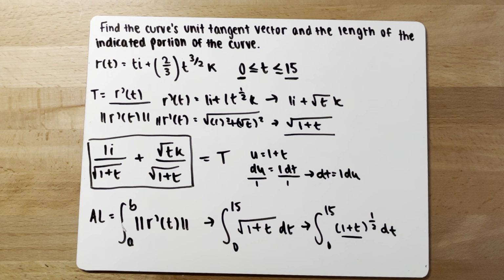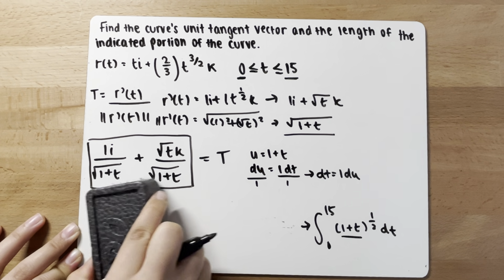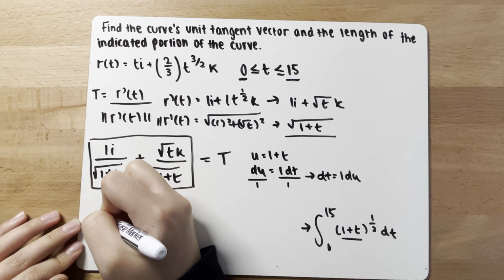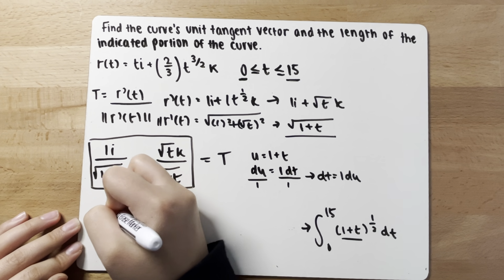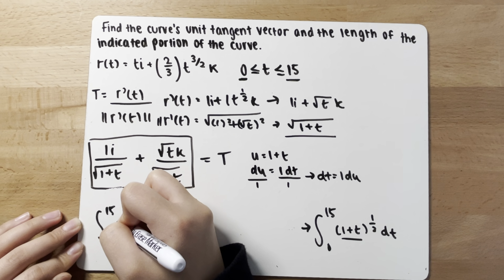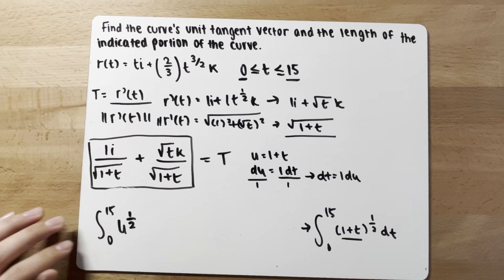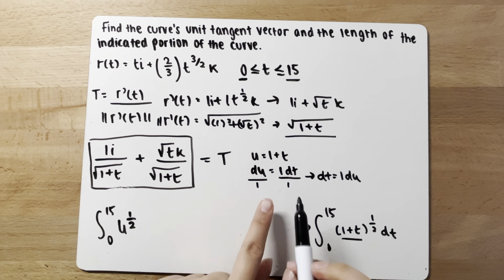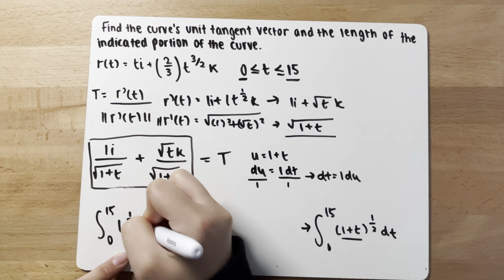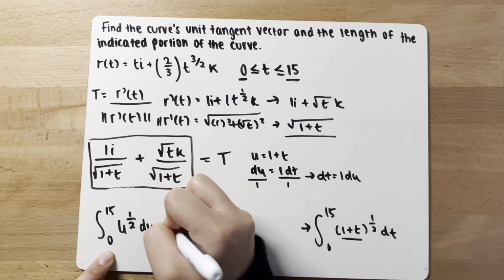Now let's remove this portion. So this is what we have now. We have 15, 0, and u to the 1/2 power times dt, which is 1 du, so du. Now you can integrate this.